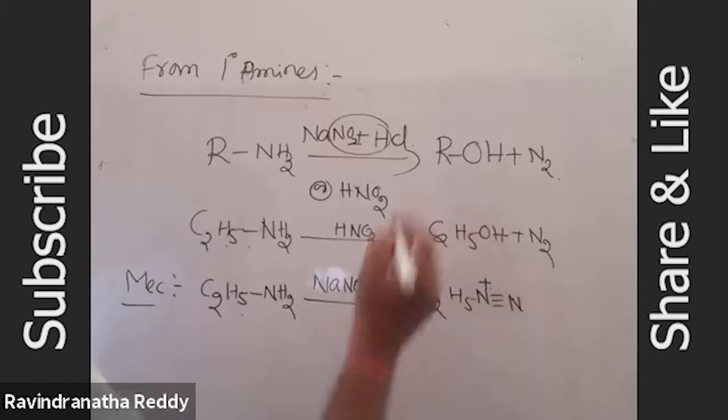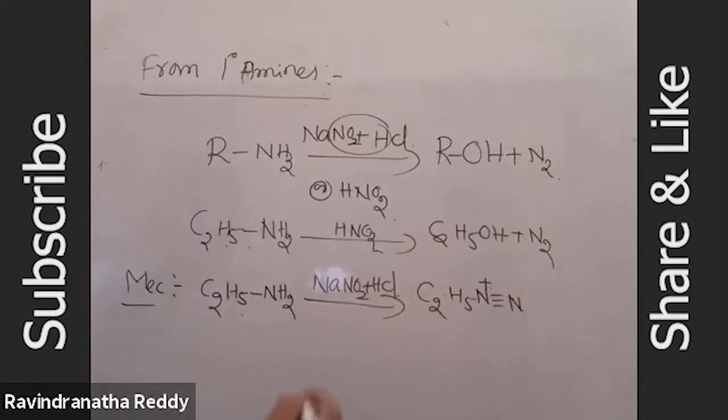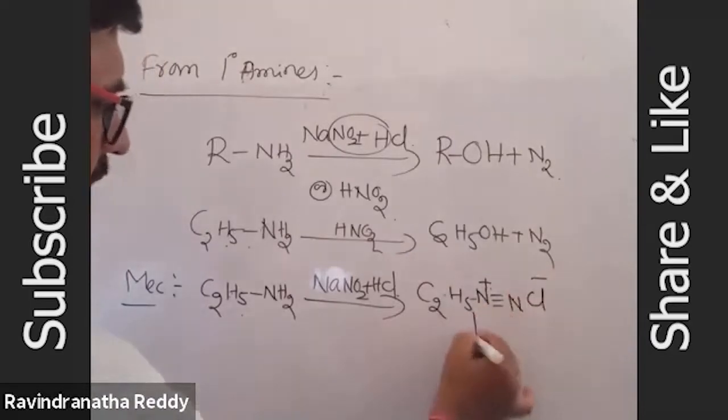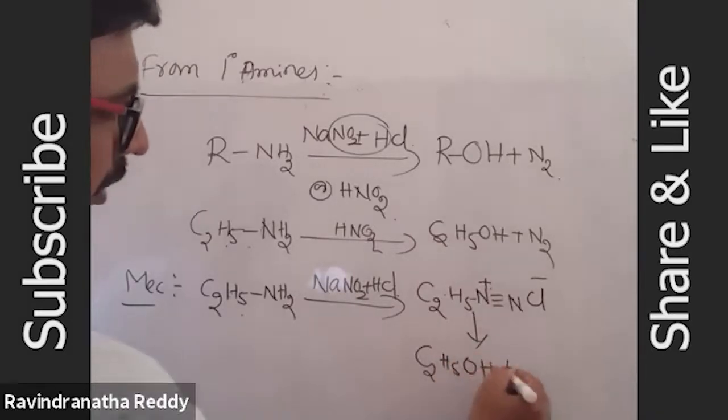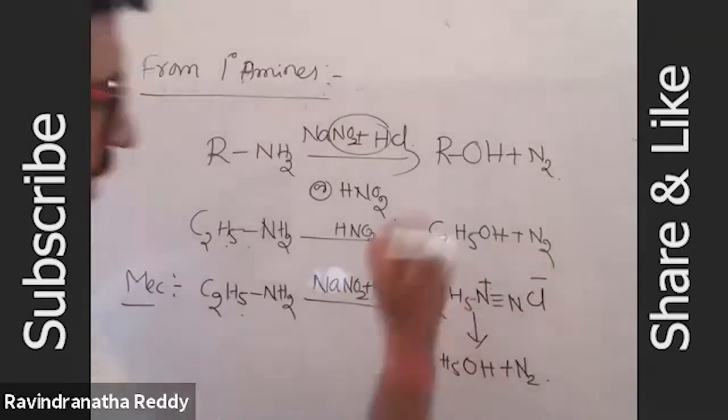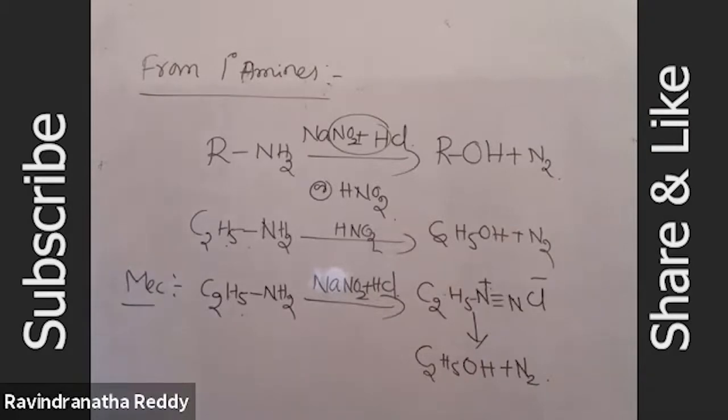This diazonium ion is an intermediate. It is an unstable compound, which converts to C2H5OH and N2. Like that, you get these products in this reaction.